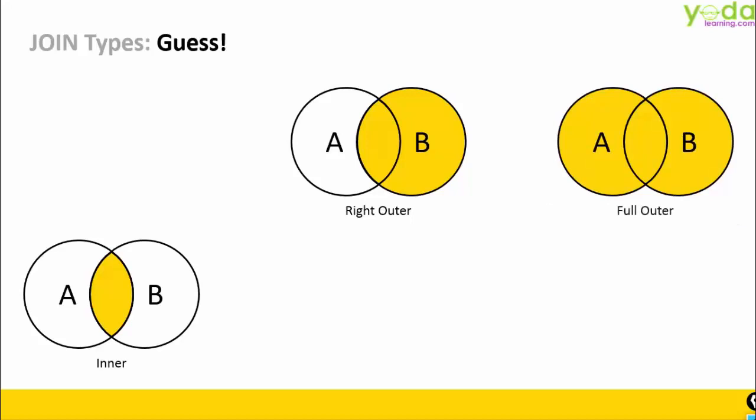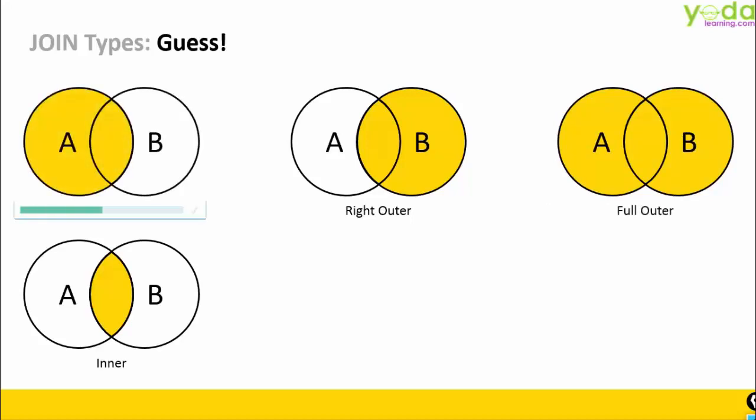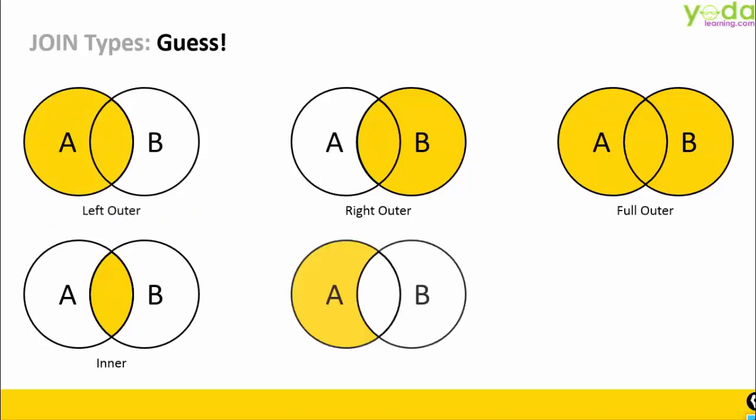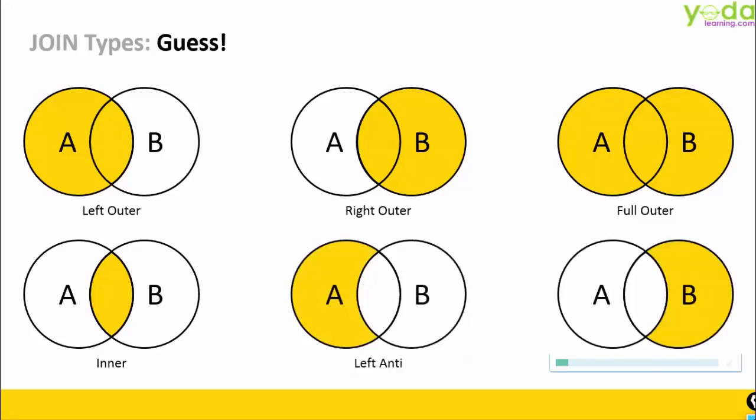This is full outer. Next. This is the most popular of all the joins. Yes, this is left outer join. Next, left anti, and next, right anti.